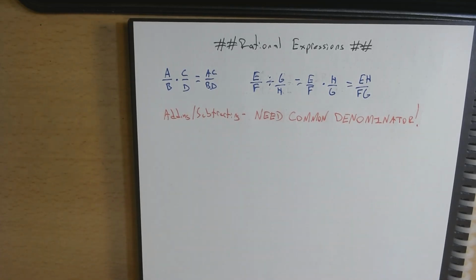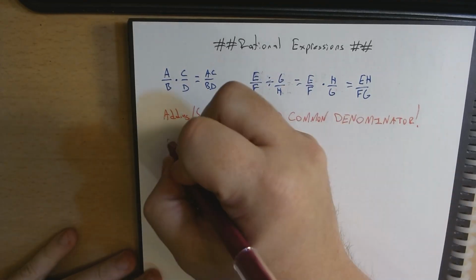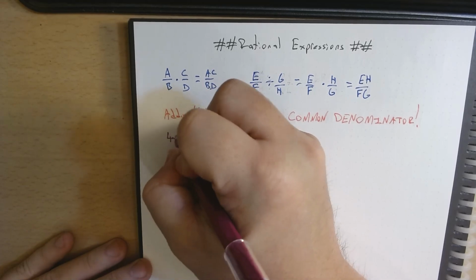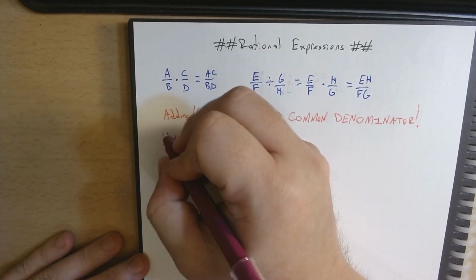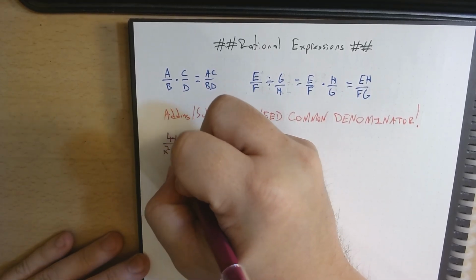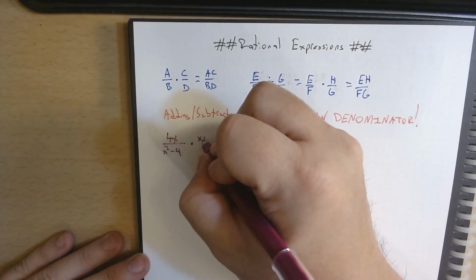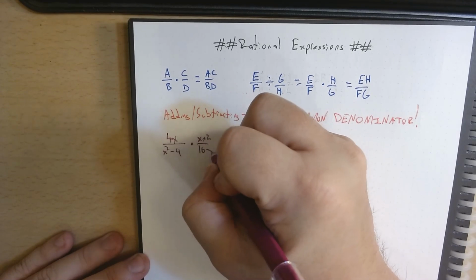So when you are multiplying or dividing and you're trying to simplify a rational expression, you're taking fractions like x squared minus 4 times x plus 2 over 16x.